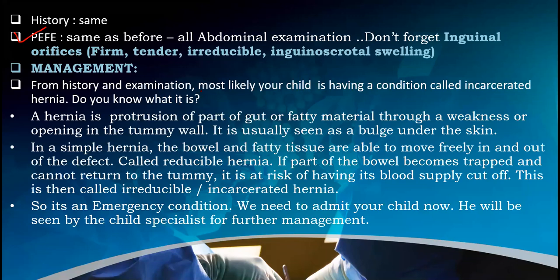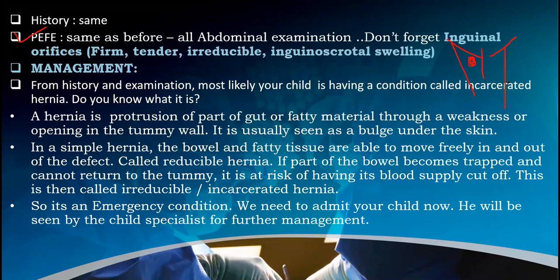Now, once you've done that, then you come for the management. Say, from the history and physical examination, most likely your child is having a condition called incarcerated hernia. Do you know what it is? No, doctor. Well, let me draw a picture for your better understanding. Now, hernia drawing is very hard, right? So I don't know how you are going to do that. So what you can do, you can draw something like that, and you can show this is the hernia.